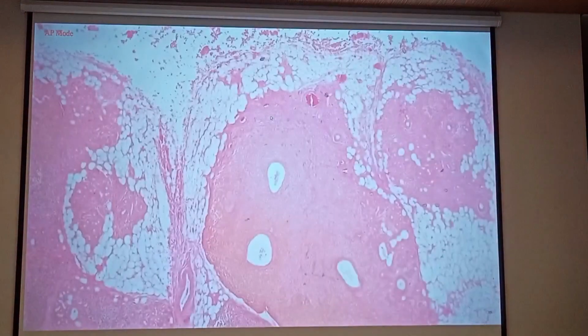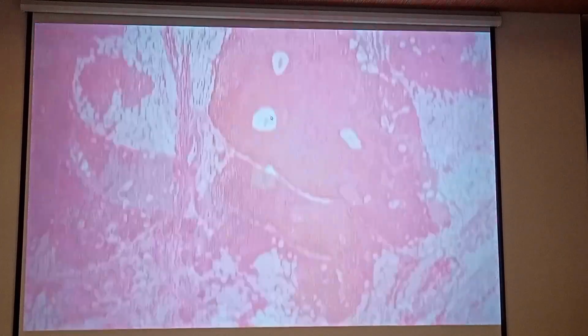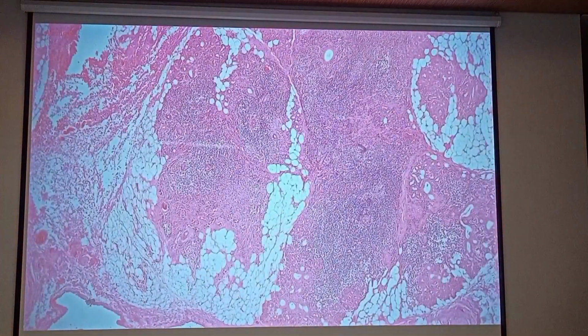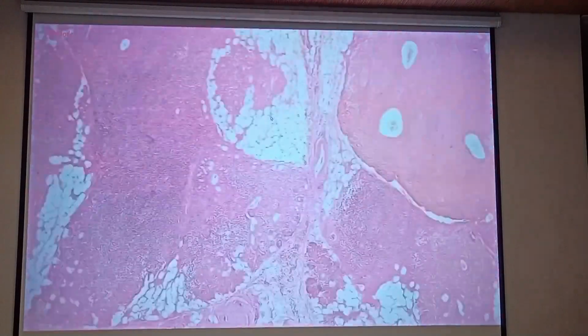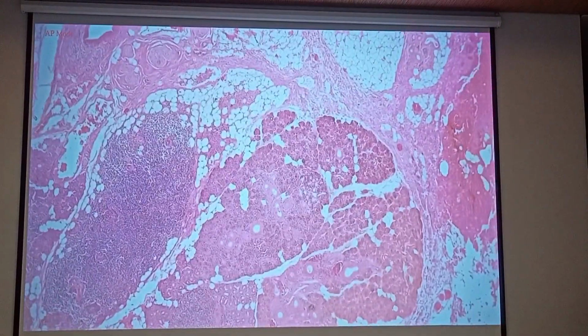Let me see, what is this? This is another non-specific, by the way, but this one is actually due to mostly or predominantly infiltrates with lymphocytic cells. So let's identify the tissue first. What is the tissue?